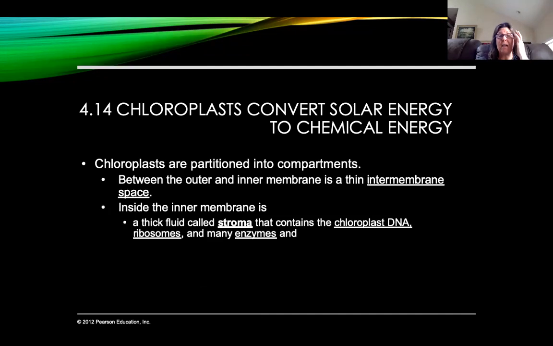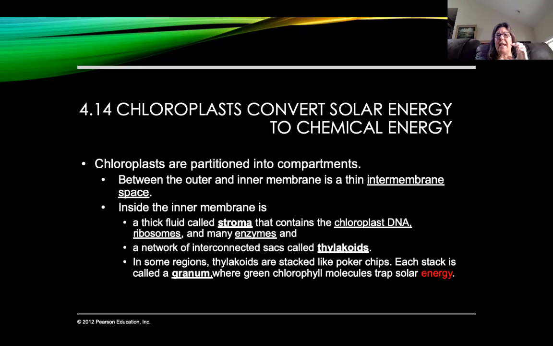The chloroplast has also got little compartments in it. It has an outer and inner membrane like the mitochondria. The inner membrane has inside that a really thick stroma, or fluid. And the chloroplasts also have their own DNA and ribosomes, which make enzymes.